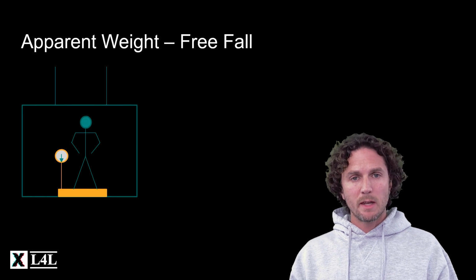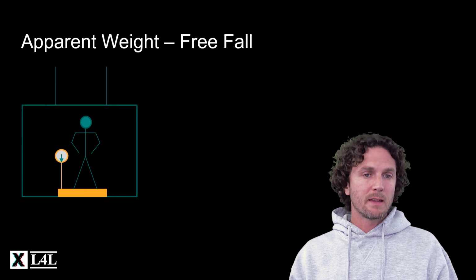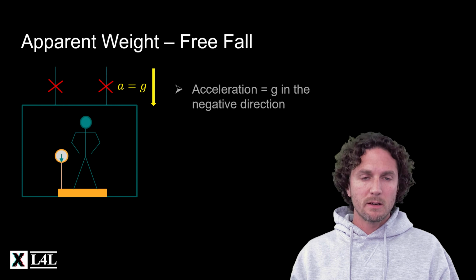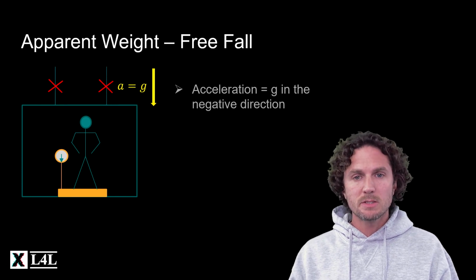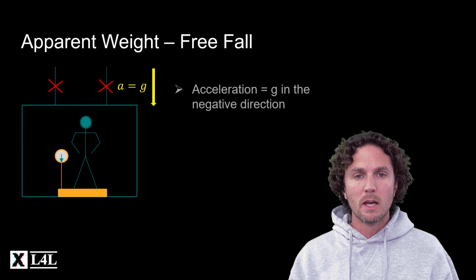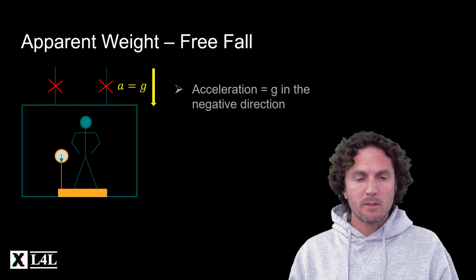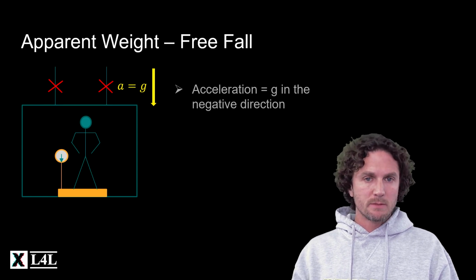Well, what happens when that negative acceleration grows? Let's just say, for example, that this is just a thought experiment, but if the cables were cut from your elevator, what would happen? Now, there's emergency braking systems, but let's just assume that the whole elevator cart is in free fall condition. So it's accelerating to the earth at negative g, or g in the negative direction.